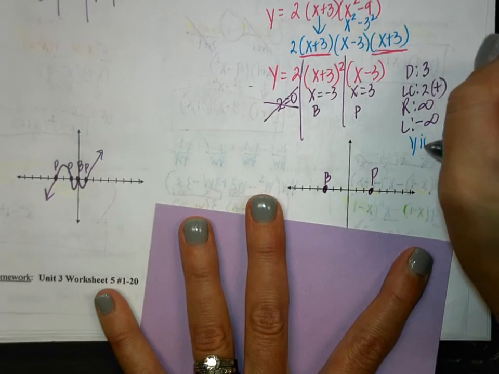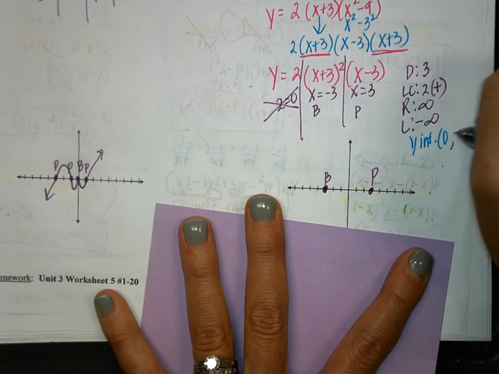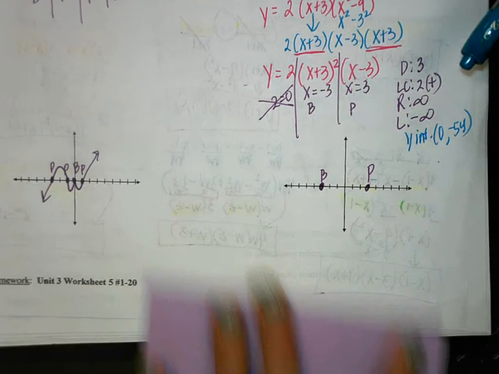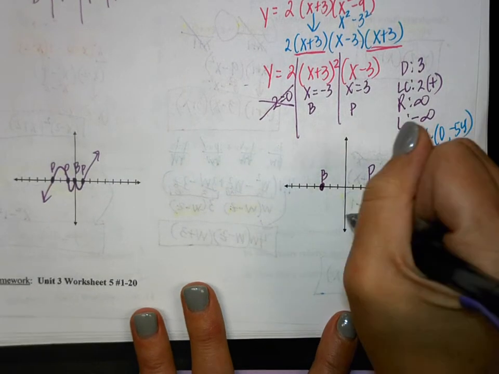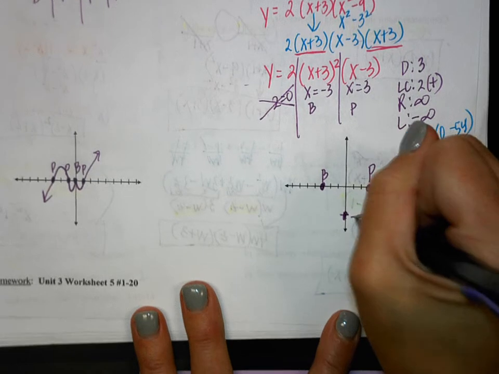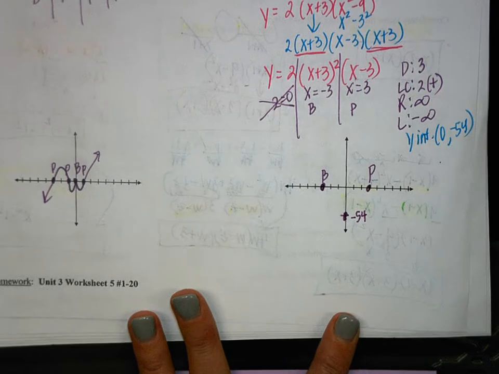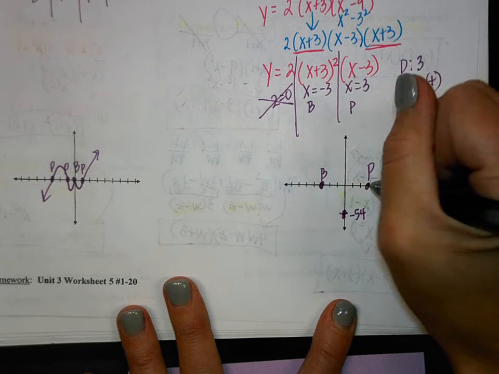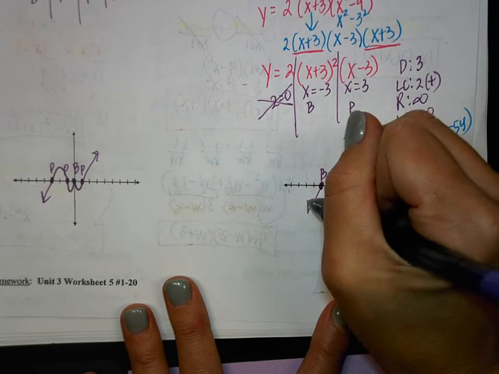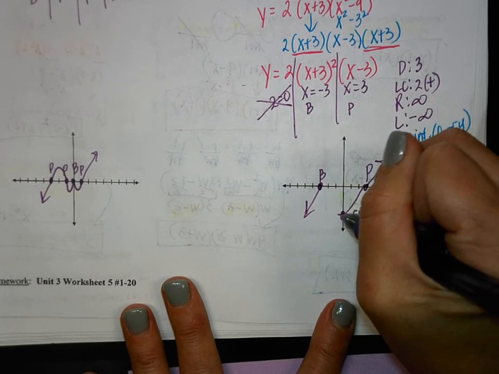So I'm just going to put here, y-intercept is 0 for x, -54 for y. So I'm going to mark on here. This is how I'm labeling my y-intercept. -54. That's my label. Okay. Right end behavior, positive infinity. Left end behavior is negative infinity. This passes through, touches here, bounces, and we are done.